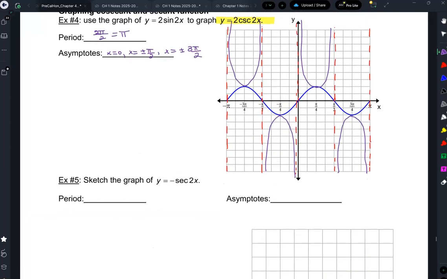Okay? Oh, no. Oh my God, sorry. Pi and 3 pi. I'm sorry. Yeah, that would have been the next one, but yeah. Okay, pi and 2 pi as well. No, there is no asymptote at pi over 4, right?